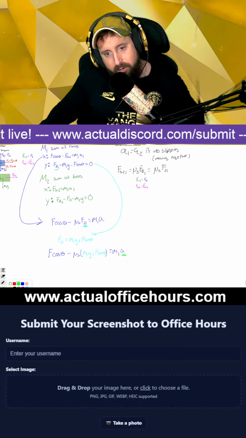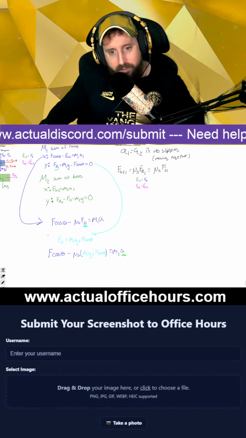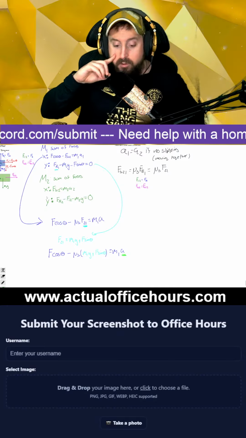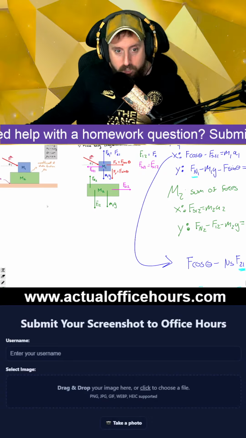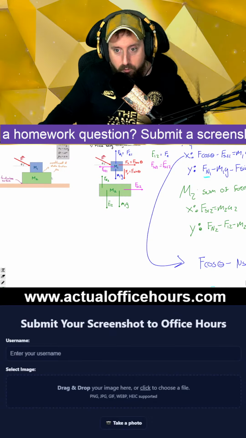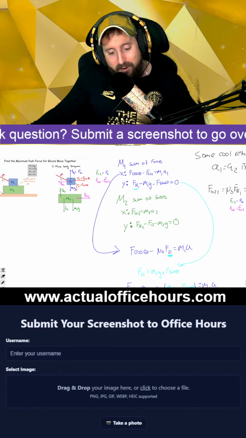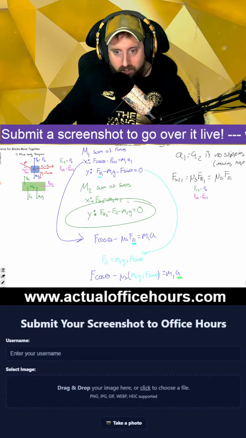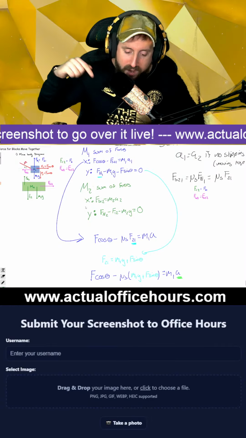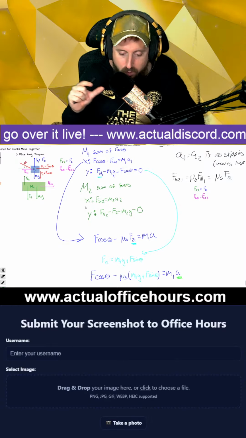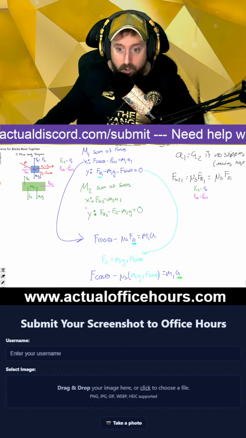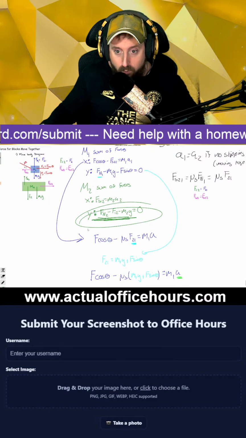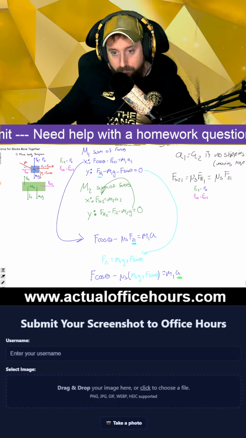Oh, and actually cool enough, yeah, this is very cool. So, interesting thing here, Nathan, because there's no friction between M2 and the ground, I don't really care about the y direction equation for block 2. You only really need y direction equations for blocks when they're moving if there's friction on that block, because you end up needing to solve for the normal force using the y direction to plug in for the friction.